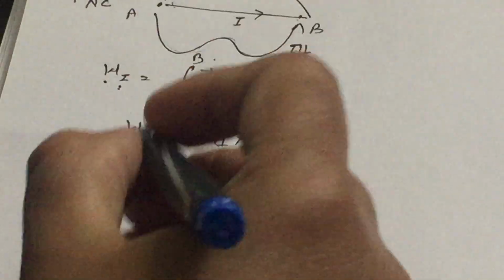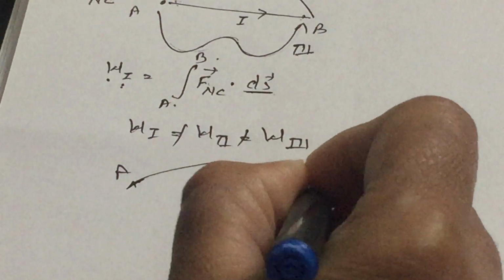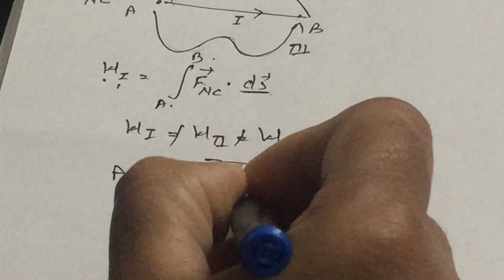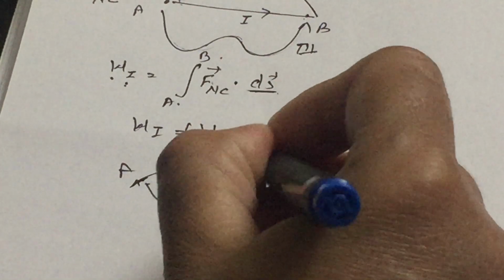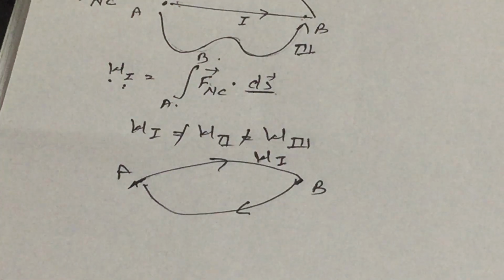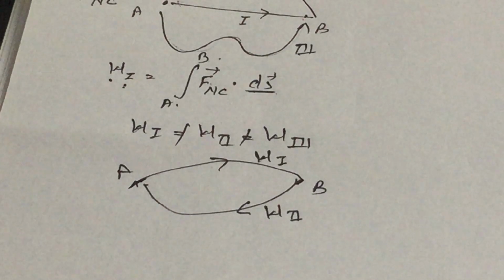Similarly, if we take a closed path, where a body is moving from A to B and then from B to A, the work done for the first path is W1 and the work done for the second path is W2.